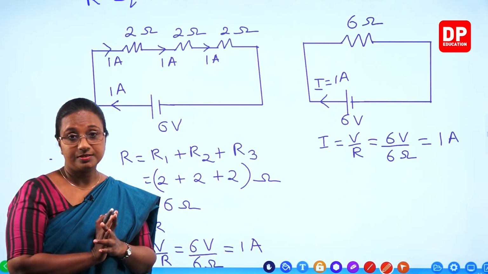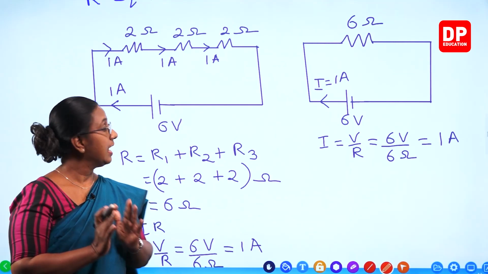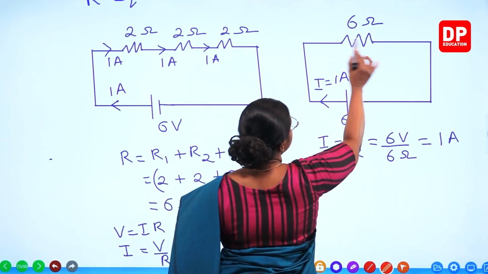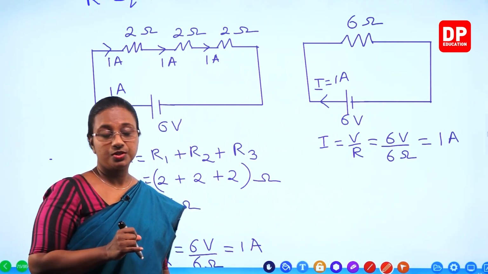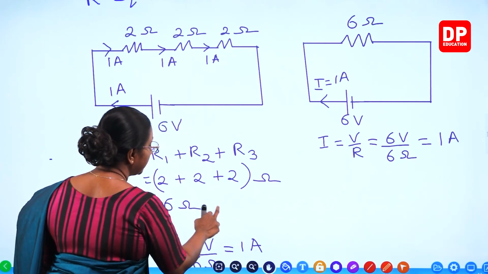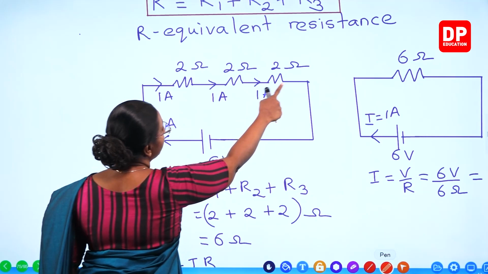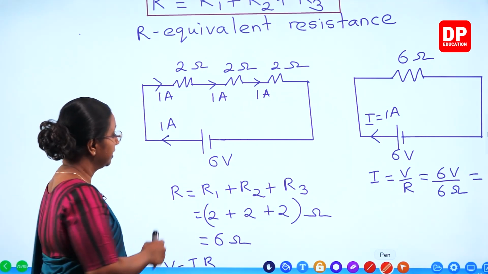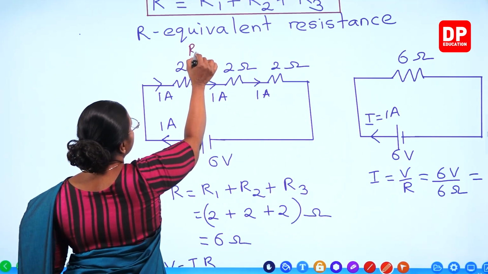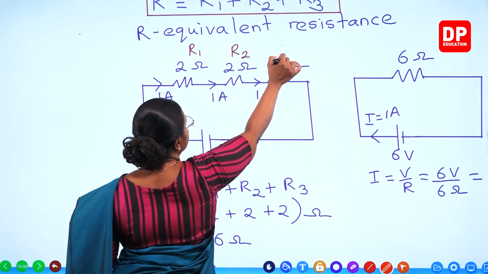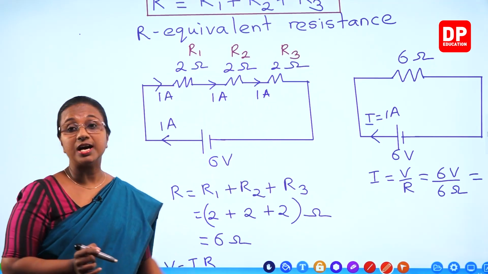Is that clear, students? So what happens to the potential difference? Now here, potential difference across these 2 points is going to be 6 volts. So if you consider the potential difference across all these 3 resistors, we will again label them as R1, R2, R3, just for us to identify, because all the values are the same.